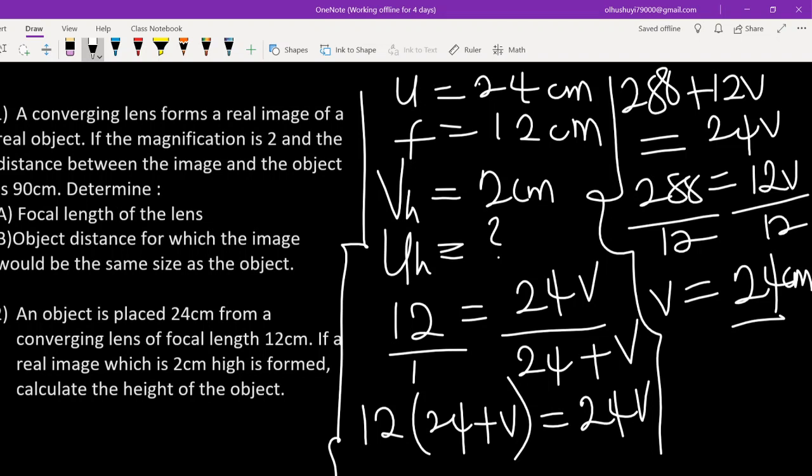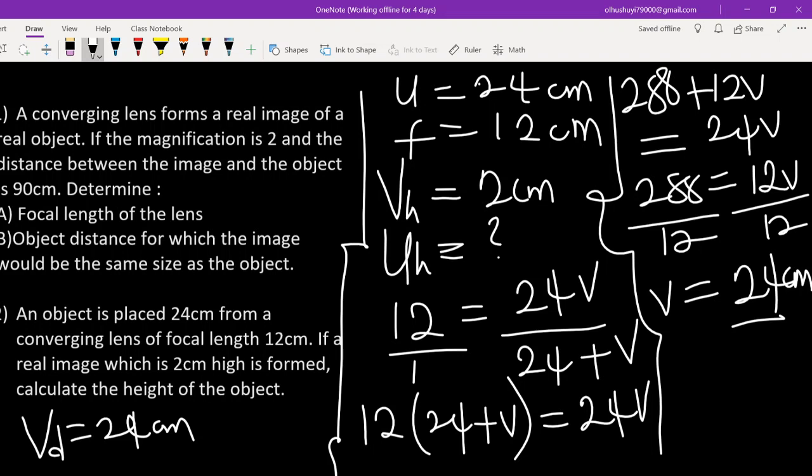So at getting that, let me write that here: V subscript D, the image distance, is 24 centimeter. So we go back to what we were doing, to calculate our object height.